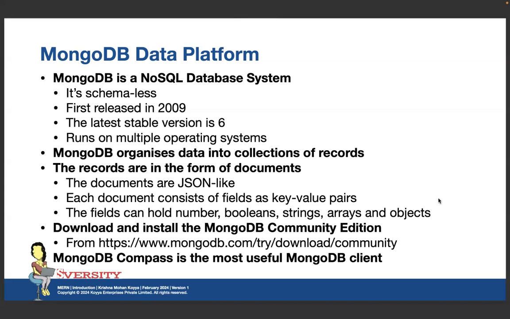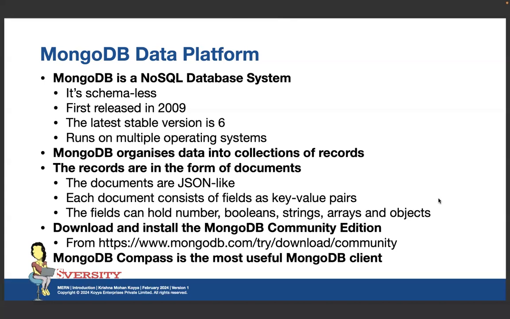We cannot learn everything in just one go. So MongoDB is schema-less, that's why it is NoSQL, and it was released in 2009. The latest stable version is 6, and it also runs on multiple platforms. So whether you are running on Windows or Mac or any Linux flavor, MongoDB is most likely available for you as well.